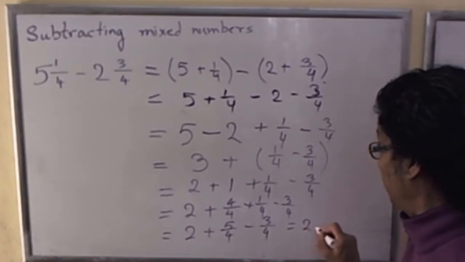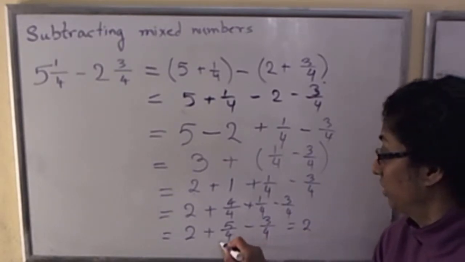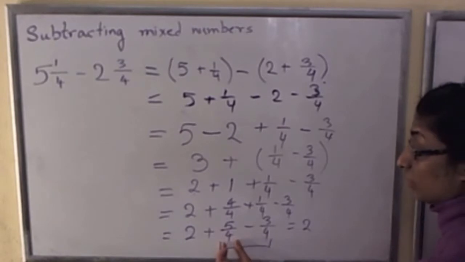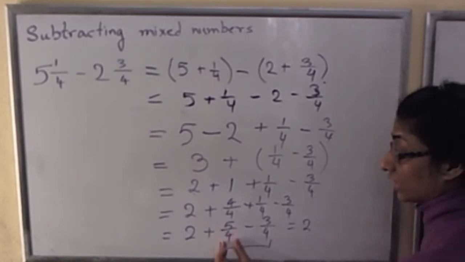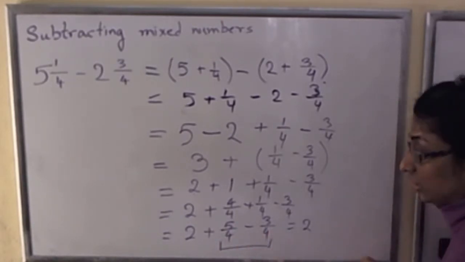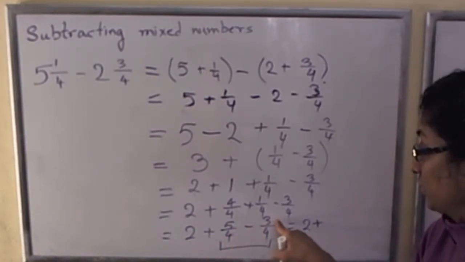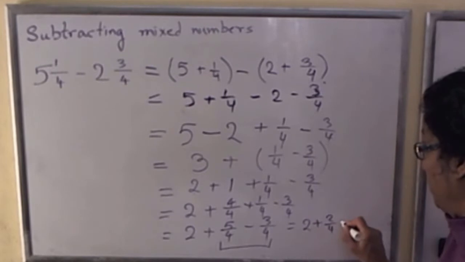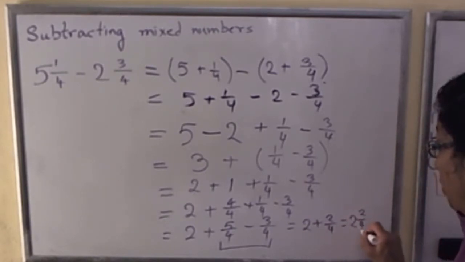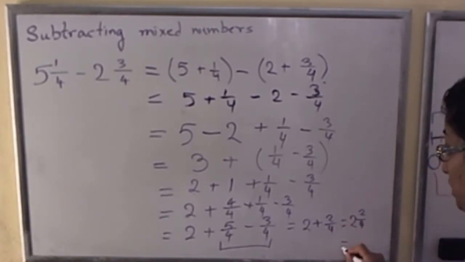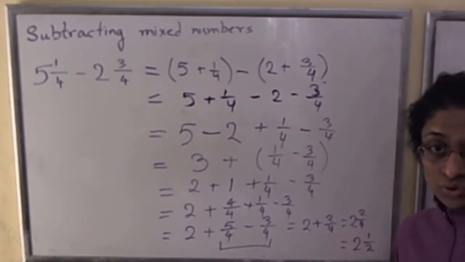Now here I can conduct my subtraction because now I in fact have a fraction that's greater than this fraction. So then I end up having 2 plus 5/4 minus 3/4 is 2/4. That's 2 and 2/4, or if you like to reduce 2/4, it is 2 1/2, which is exactly what we had before.